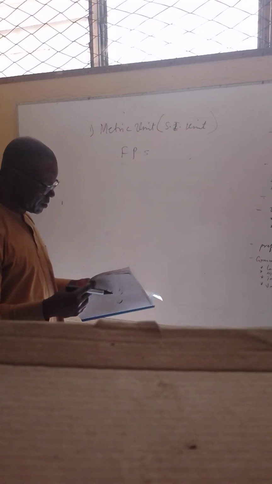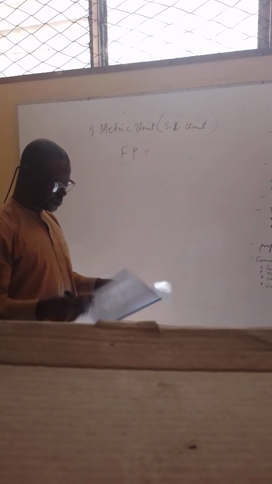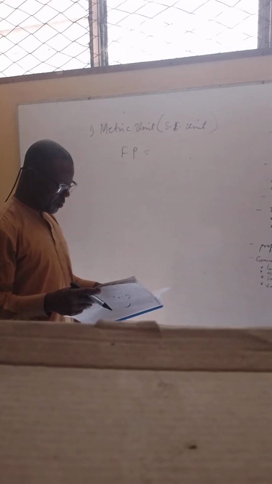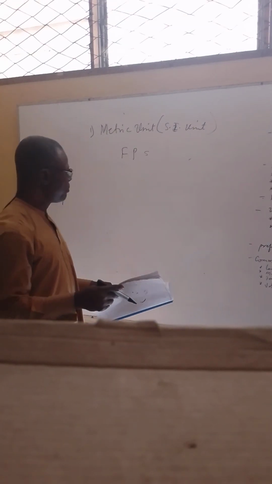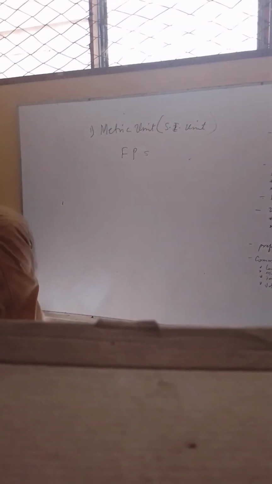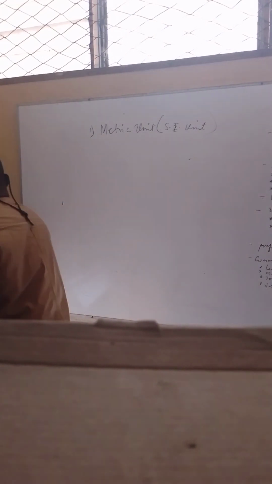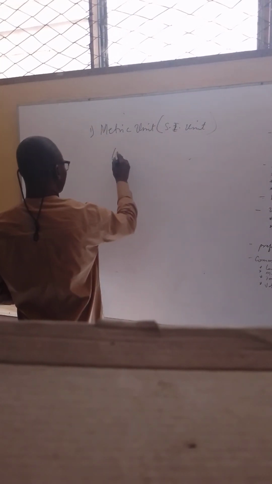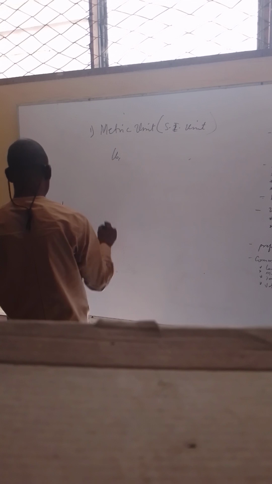The common units of the British system are the pounds, LB for pounds.